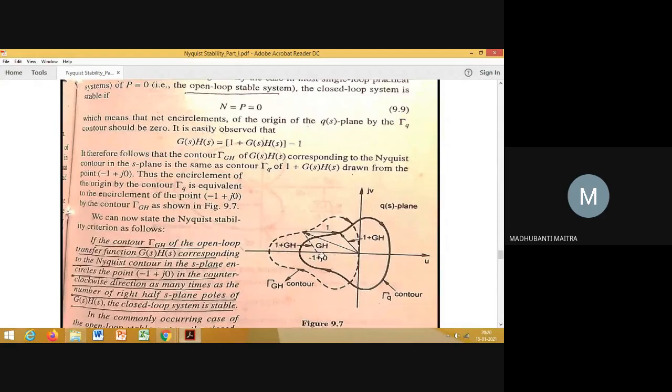Now, instead of this origin, if I consider this particular point to be the critical point, then we can define another plane, which is the GH plane, and generally we label the axes as real and imaginary. So a GH plane whose origin has been shifted to this particular point.